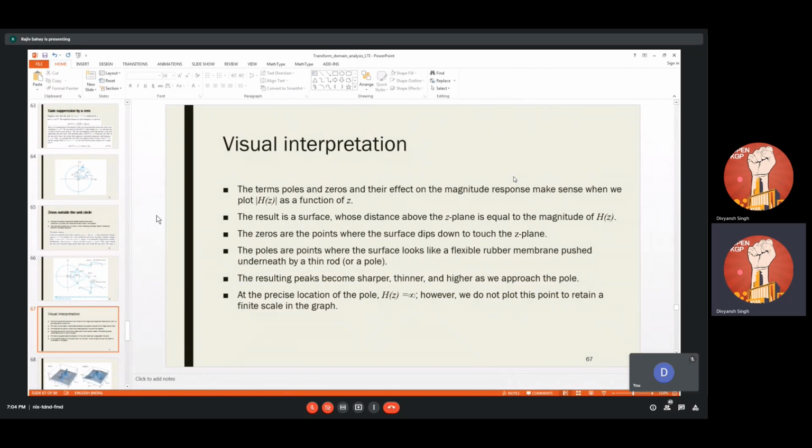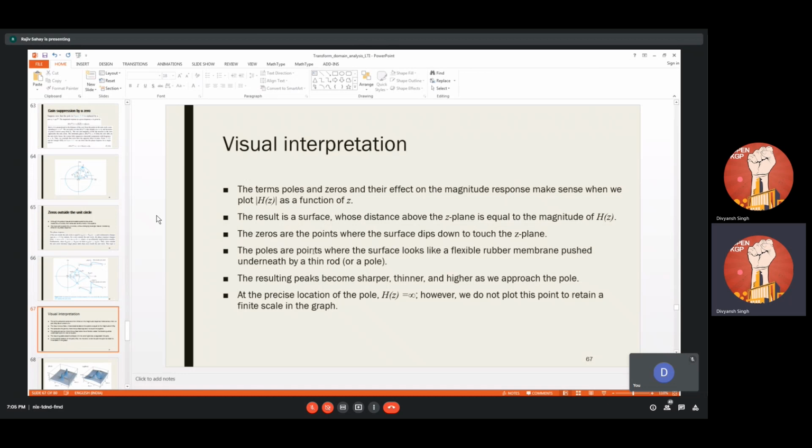The zeros are the points where the surface dips down to touch the z plane. That means mod of H(z) is equal to 0. So the 3D surface will dip down to touch the z plane when you have zeros on the z plane.